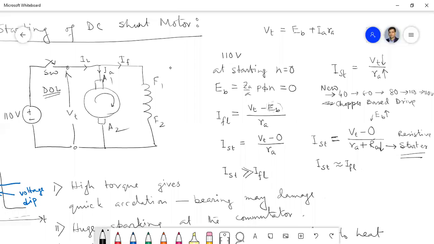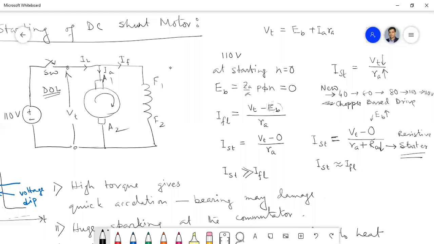Otherwise, how will this back EMF be developed? Because back EMF is not only proportional to the speed, it is also proportional to the flux. If we shunt the field, then you will not get sufficient flux to develop the back EMF. Got my point? Yes, sir. I get it. Okay.